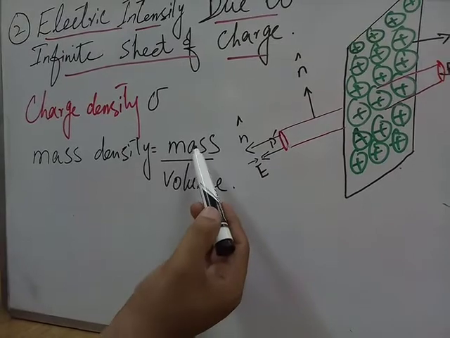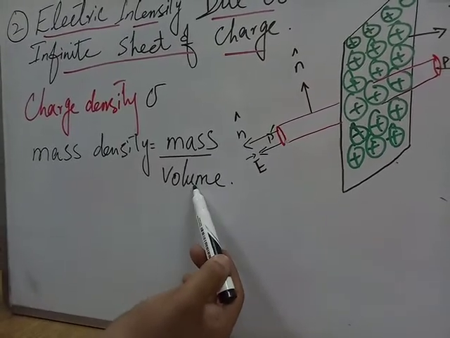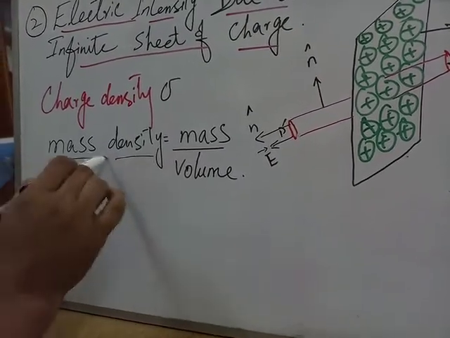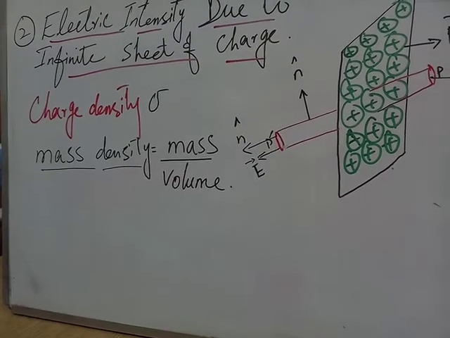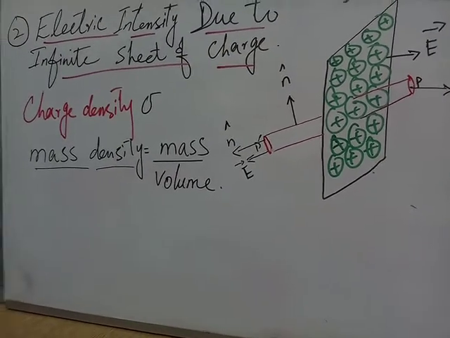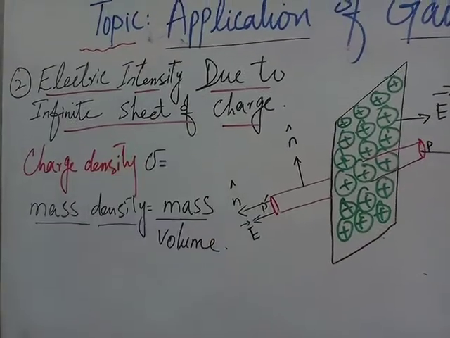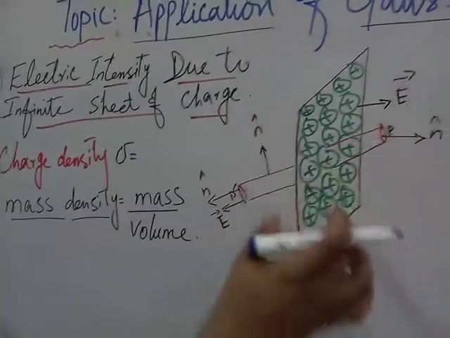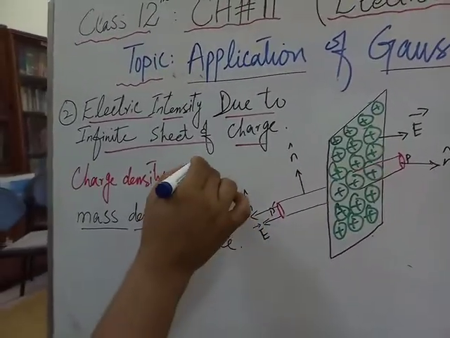When we divide mass by its volume, we get density, which is called mass density. So here we have a charge density. It means the charge occupies some space.